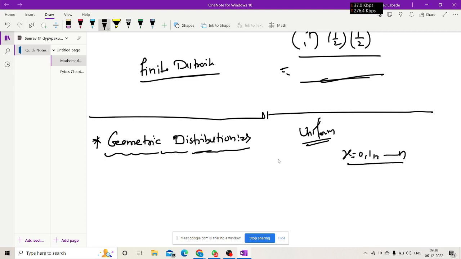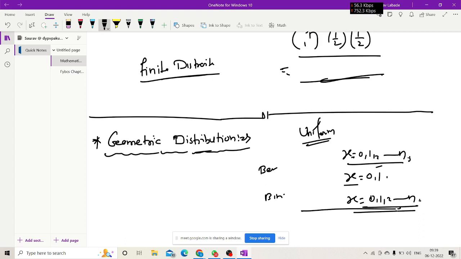That was your range. We discussed the Bernoulli distribution, where there are only two values, 0 and 1. If we are discussing the binomial distribution, what is the range? X is from 0, 1 up to n, right? So these are the ranges. Here it is finite, countably finite.